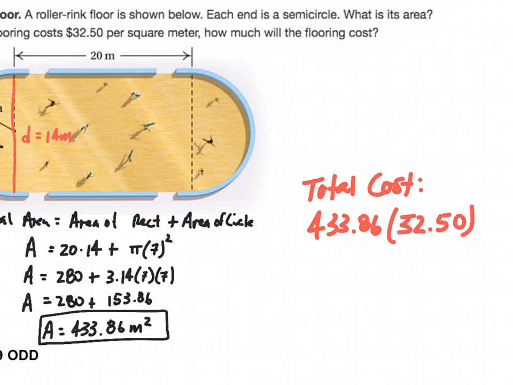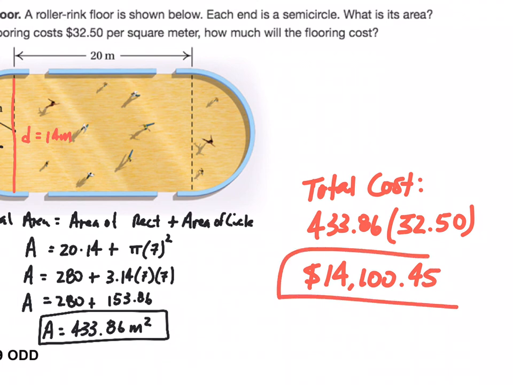Okay. Wow. And that's going to give us a total cost of $14,100.45 to buy the flooring for a roller rink floor.